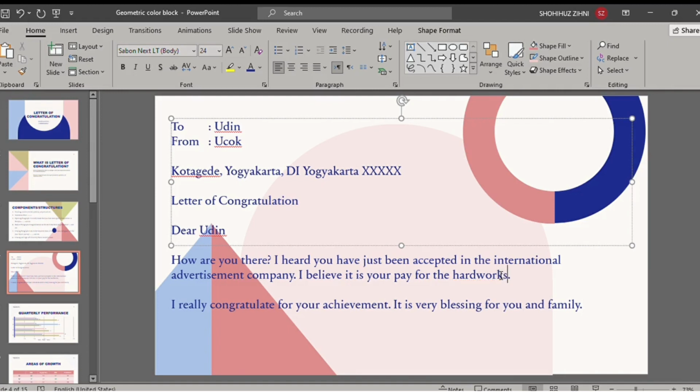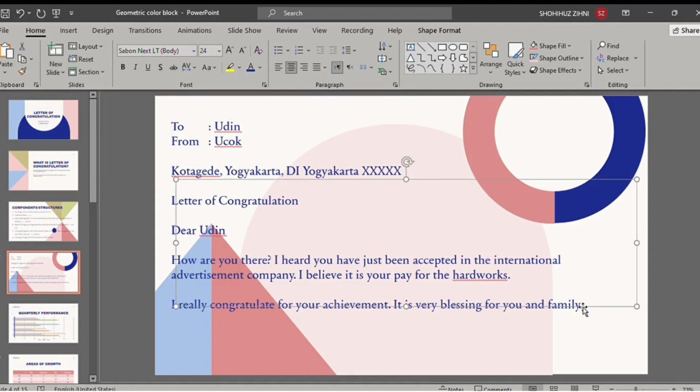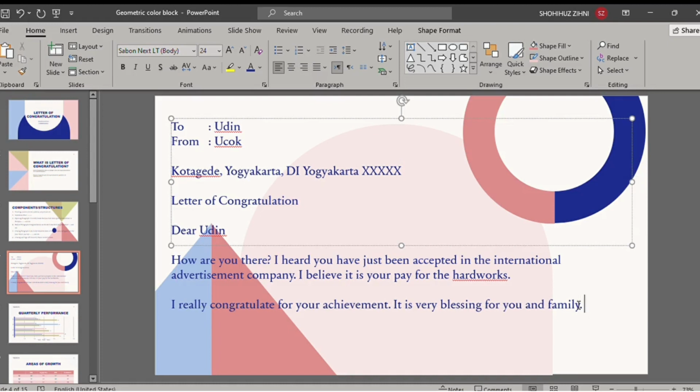Remember, there are a lot of various letters. This is a short version, but you can write a long version. I just want to show you an example of the structure of the letter. And next, you can add another expression, such as your hopes or your wish for him.